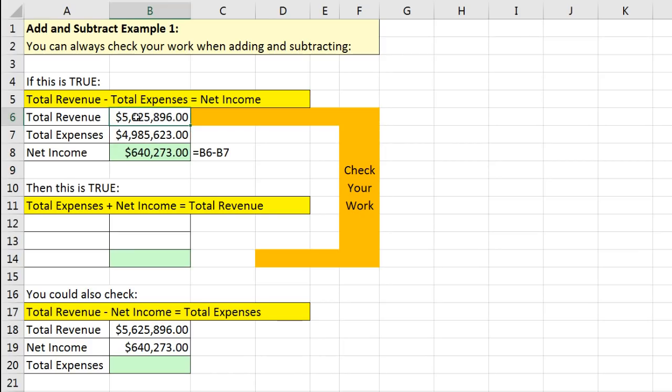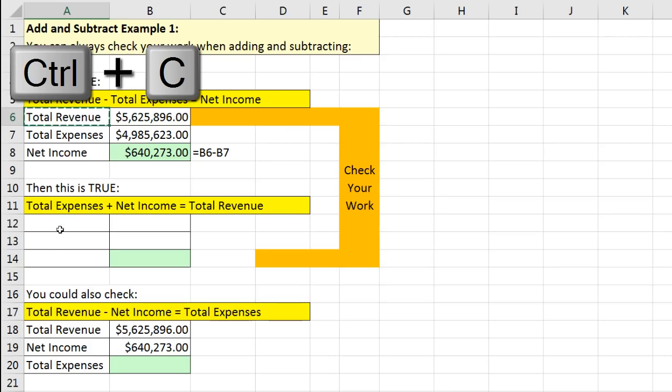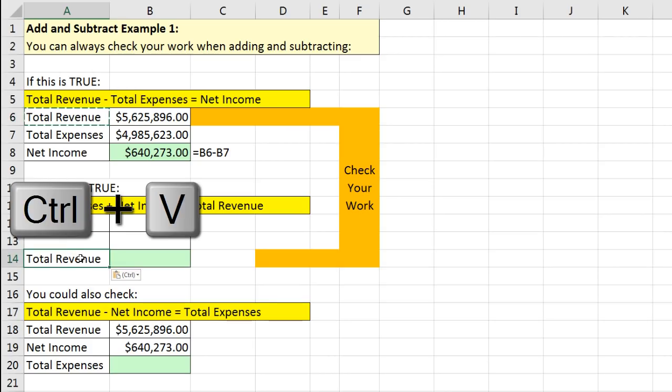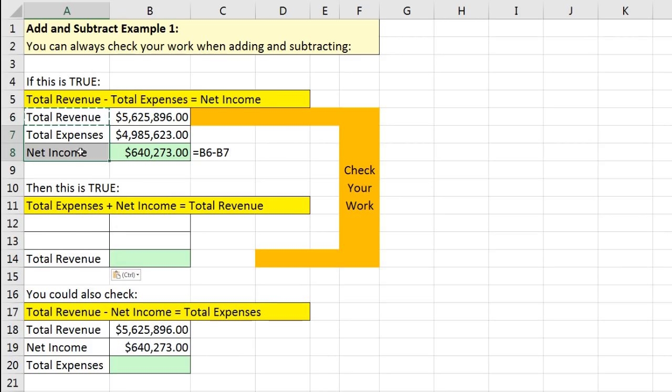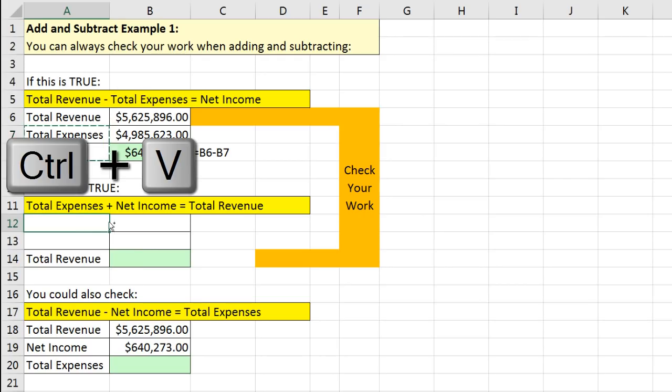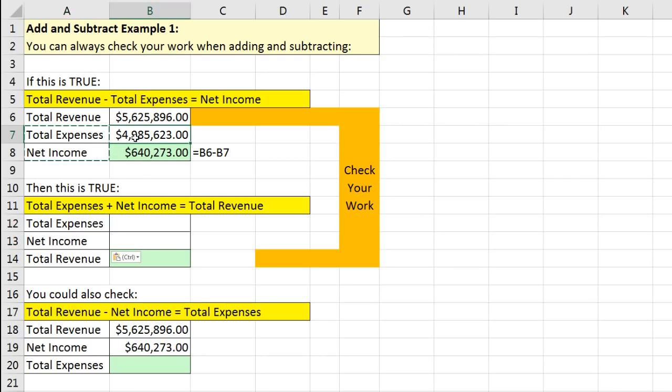Well, here's the total amount. Here's the two parts. If we down here check and add these two parts, we better get exactly that same number. Now I'm going to Control-C, Control-V. Highlight both these cells, Control-C, Control-V. Copy this, Control-C, Control-V.